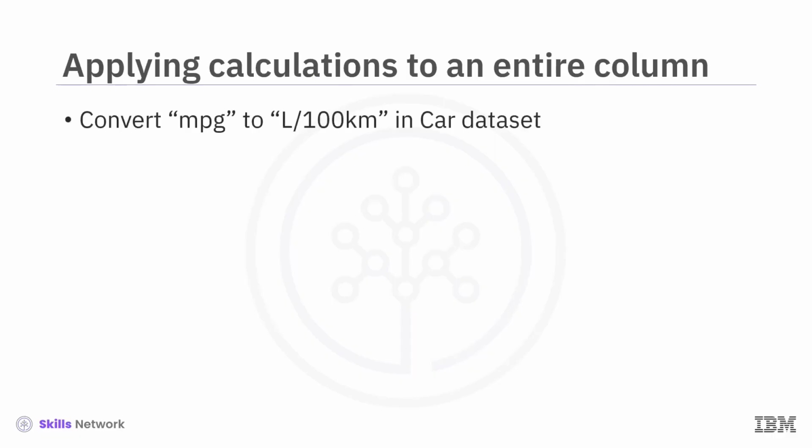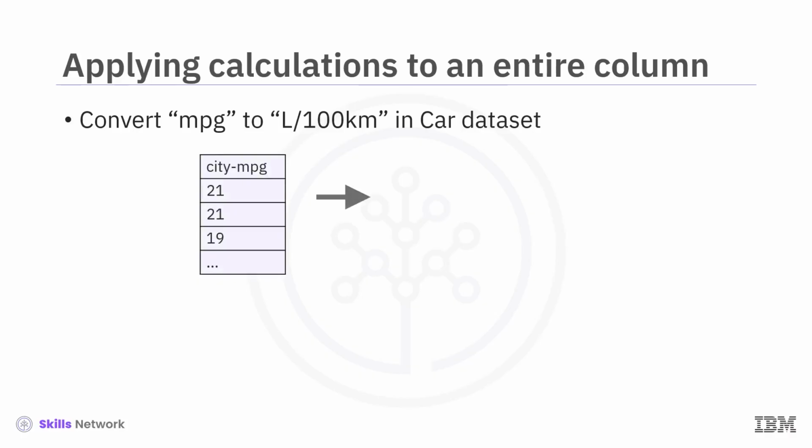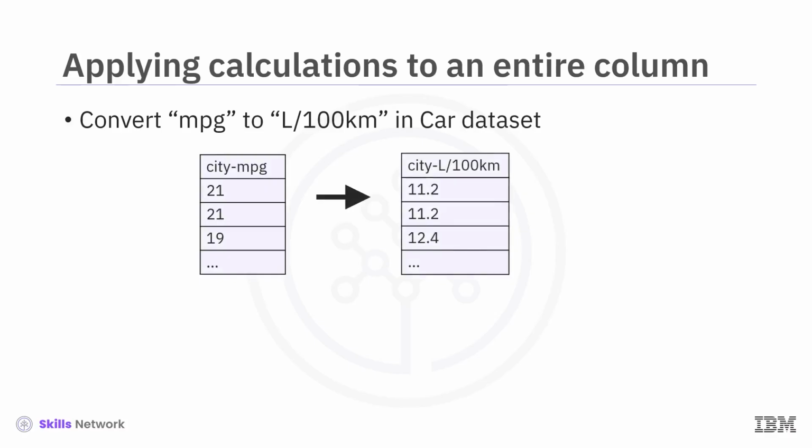Referring to our used car dataset, there's a feature named city miles per gallon in the dataset, which refers to a car's fuel consumption in miles per gallon unit. However, you may be someone who lives in a country that uses metric units, so you would want to convert those values to liters per 100 kilometers, the metric version.